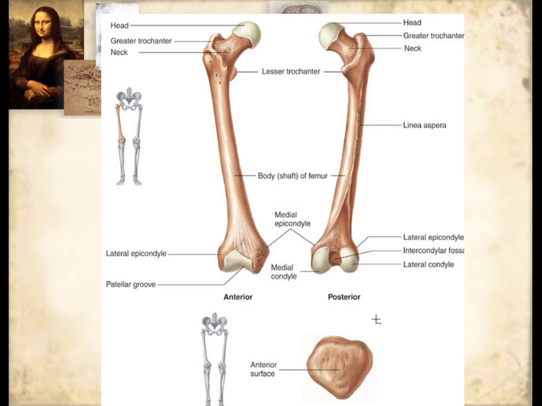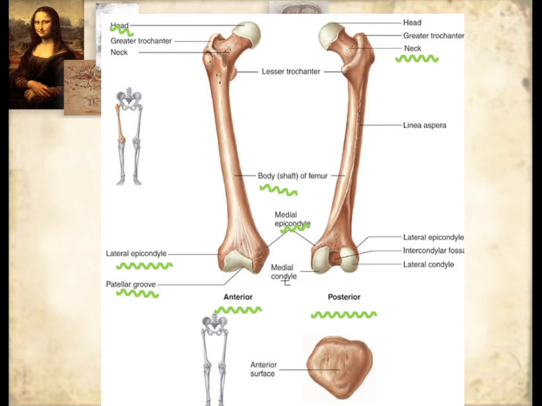And you can see here, this is the anterior part and this is the posterior part, right? Just wait a second. Okay, you can see now. This is the head part, this is the neck part, and this is the body part. This is the patellar groove, this is the lateral epicondyle, and this is the medial epicondyle.